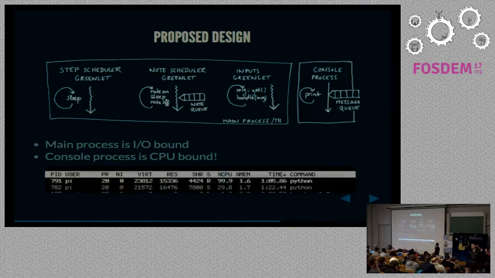And so this main process at the left is really I/O bound, but what was strange was I had to make the printouts on a separate process because this was CPU bound.